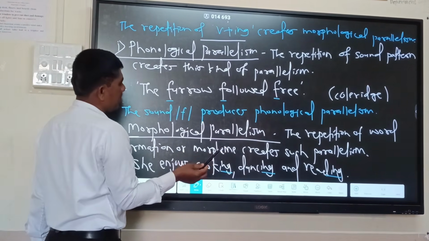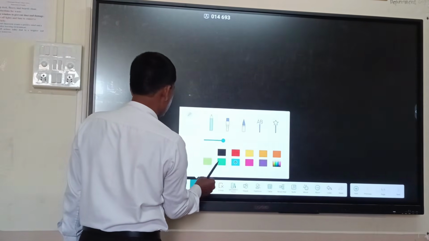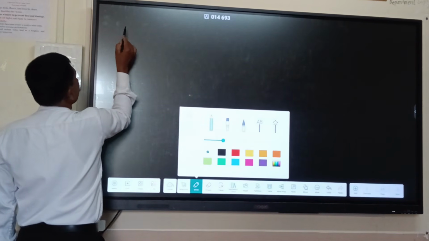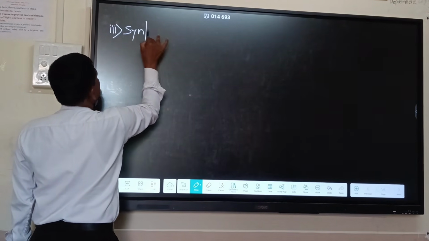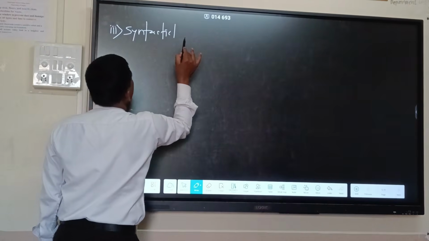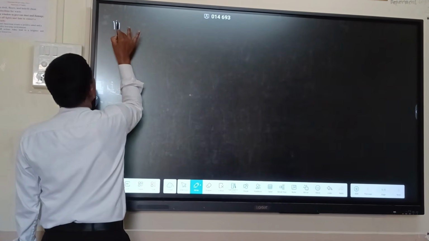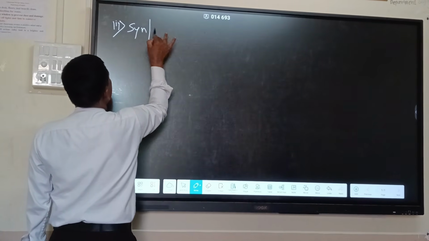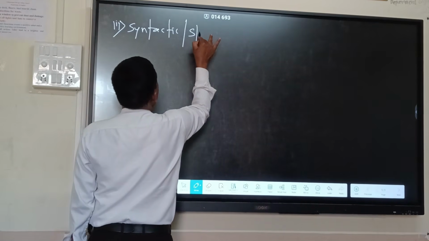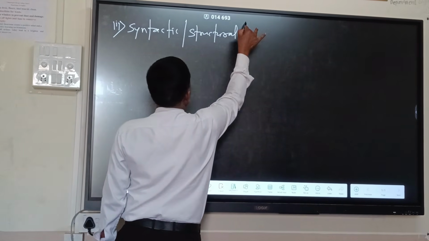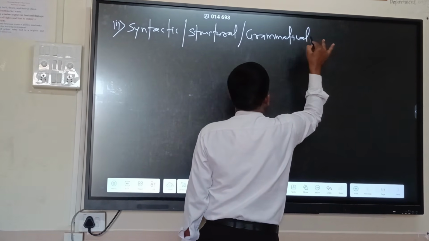And the third one is syntactic or structural or grammatical parallelism.